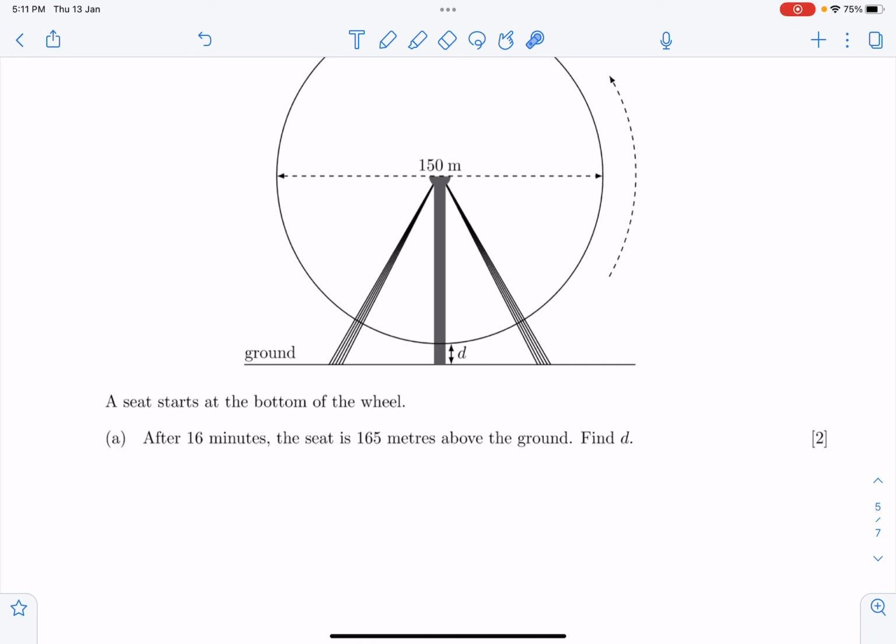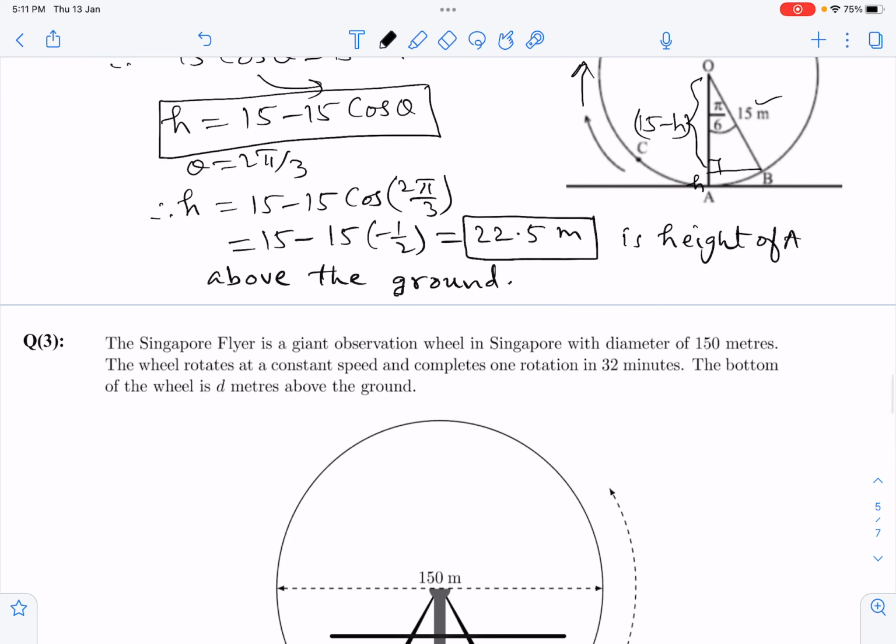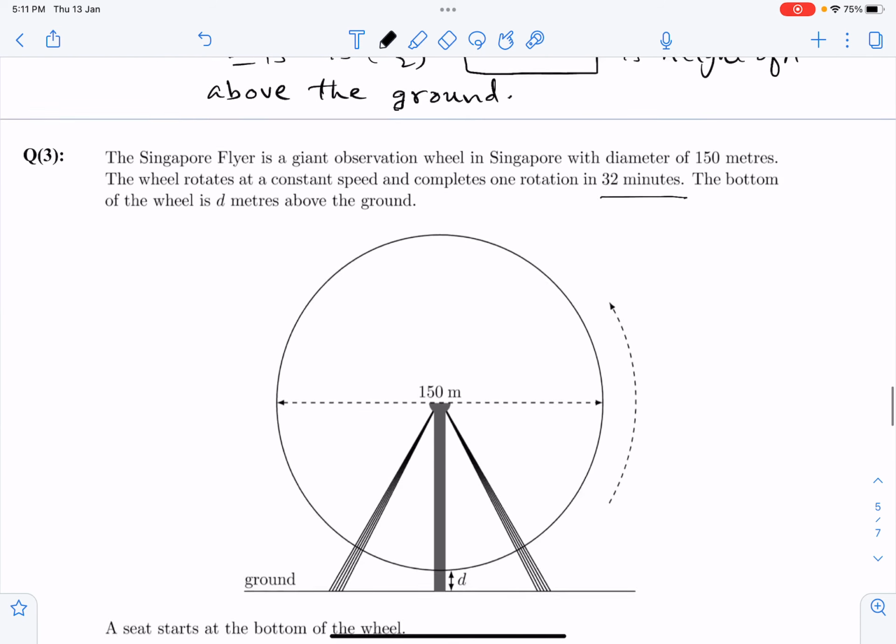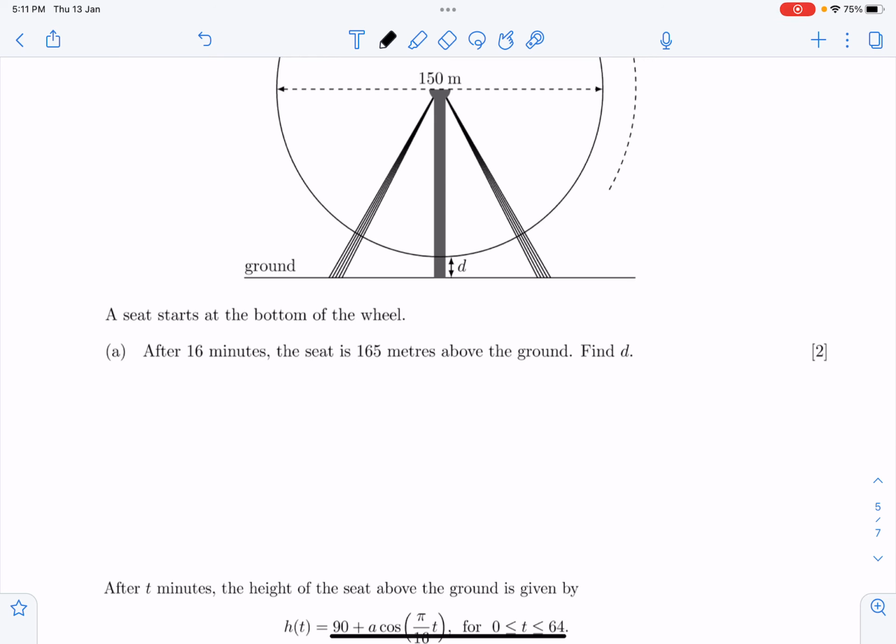Now look here. The seat after 16 minutes, we have seen that the period is 32 minutes, isn't it? So it is at the highest position after 16 minutes, because the period is 32 minutes. Therefore, at t equal to 16 minutes, it will be at the top.